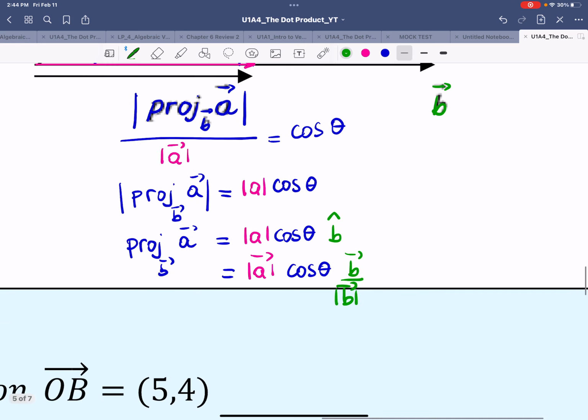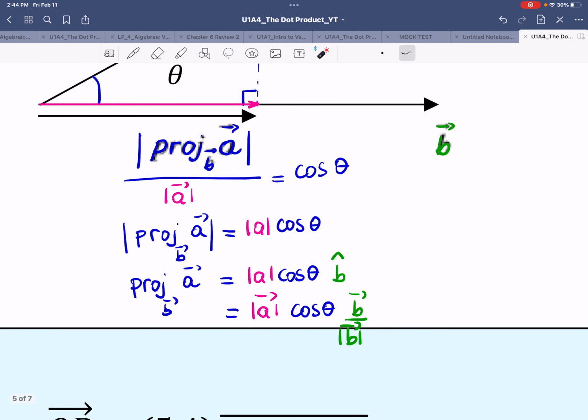Now, to make things more interesting so that we find more connections between the projection and the dot product that we just learned, we're going to do something fancy here. We'll multiply both numerator and denominator, or the whole expression, by B over B, which is practically multiplying by number 1, because the magnitude of B divided by magnitude of B is 1.